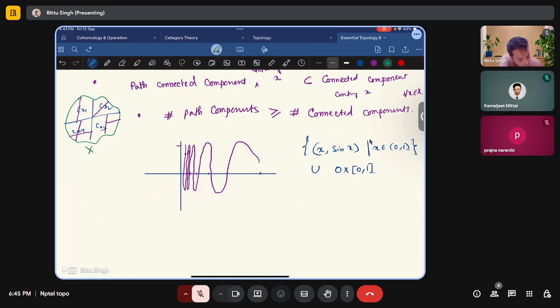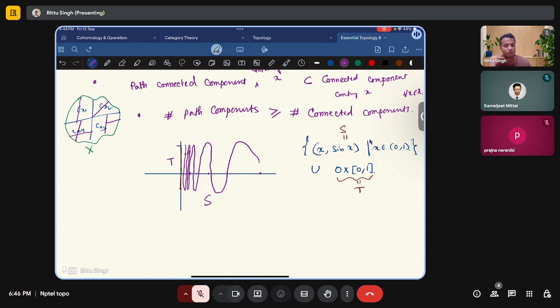So let me draw it with a different color. So maybe, okay. So this part is also there. Suppose this is S, and this is T. So this part is S, this sine curve, and this interval part is T. Okay.